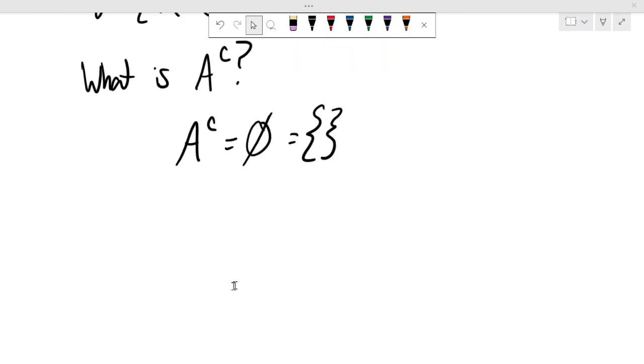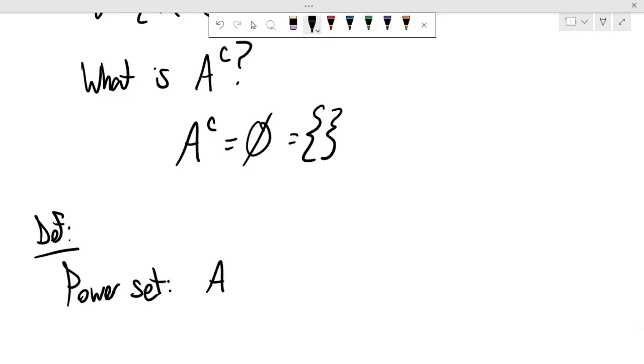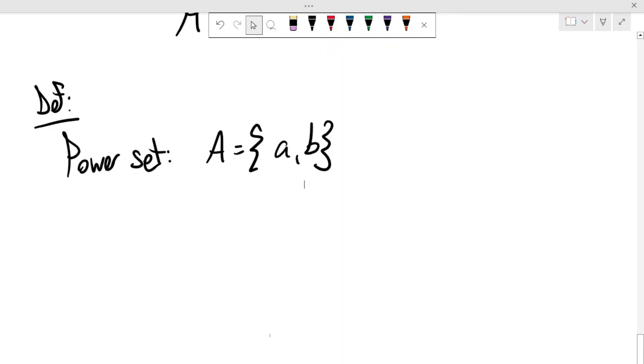So I guess I will write something down here. So the power set, if A is equal to, say, {a, b}, then the power set of A, and it's hard for me to write this exactly.